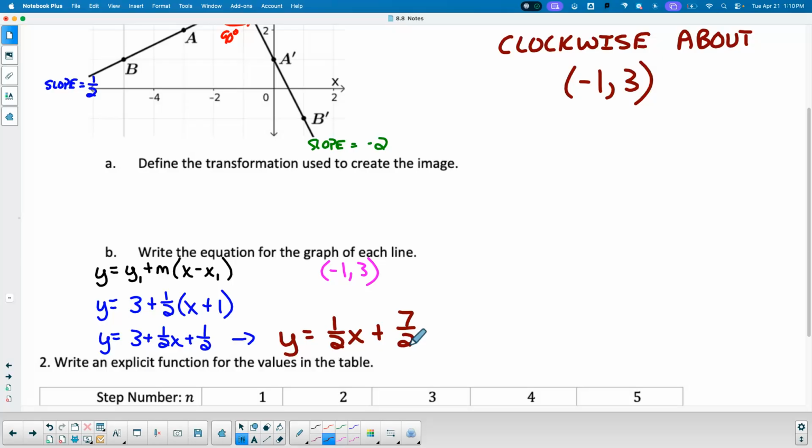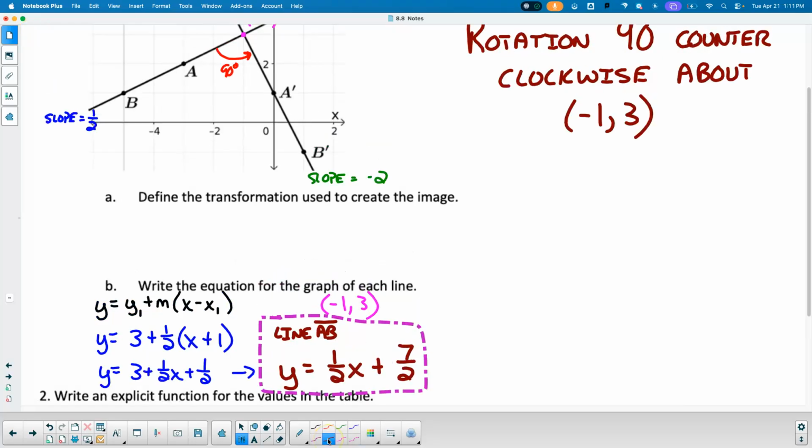You come up with the line for the A prime, B prime. What was the slope of line A prime, B prime? -2.